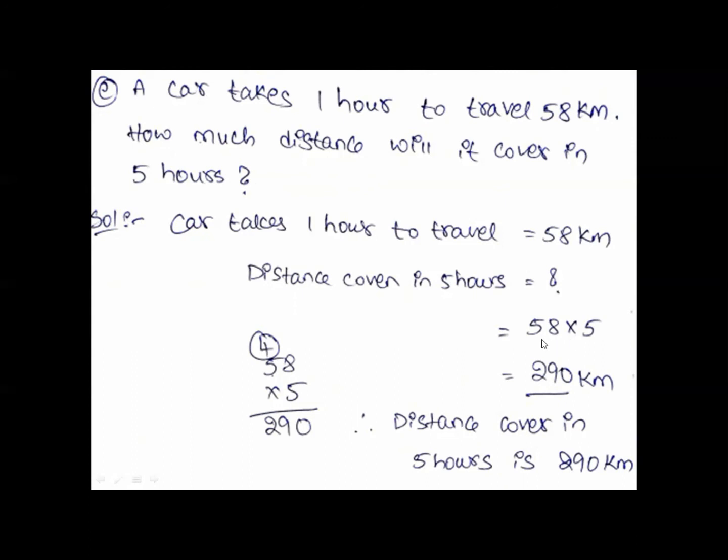First, in 1 hour, 58 kilometers, write 58. We want 5 hours, so into 5. 5 eights are 40. 4 carry over. 5 fives are 25. 25 plus 4, how much, children? 29. 290 kilometers. Distance covered in 5 hours is 290 kilometers.